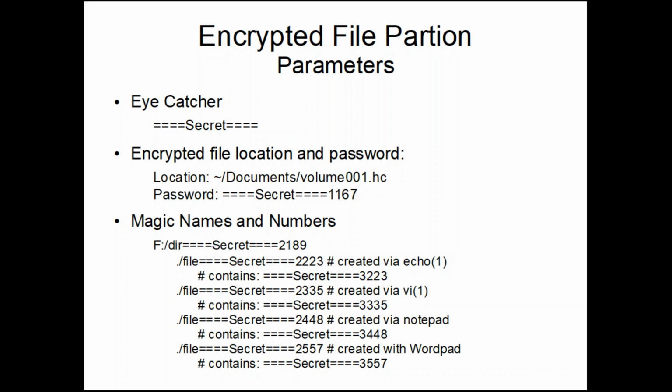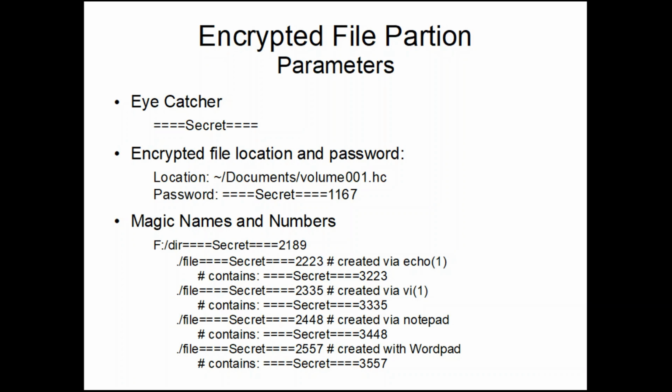The first 2 are going to be created through standard Unix tools that are part of Cygwin. The first one's the echo command, which is part of the bash shell, built right in. Then a very commonly used Unix Linux editor called VI. The last 2 are going to be created with common Windows tools, namely Notepad and WordPad.